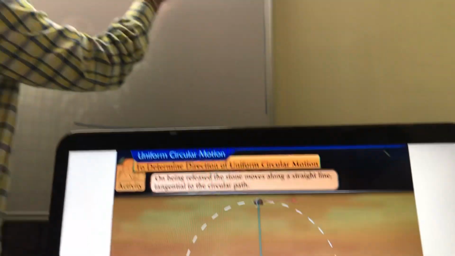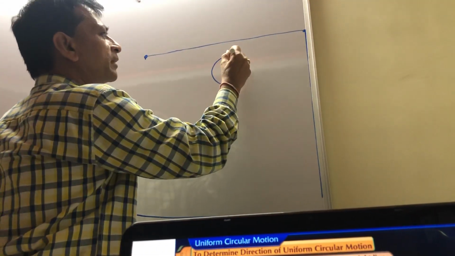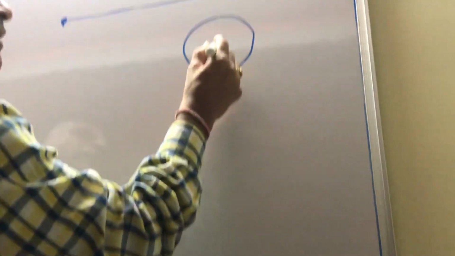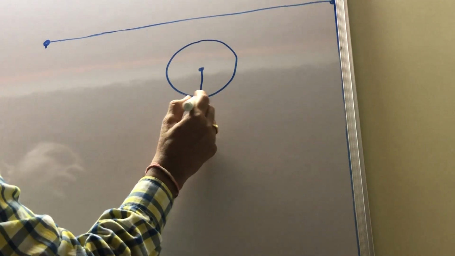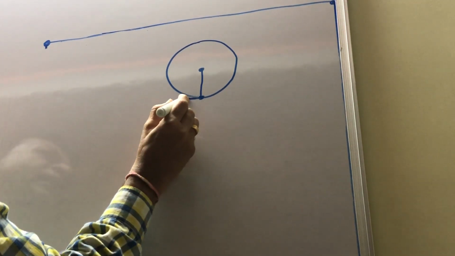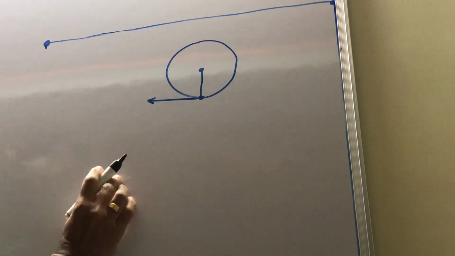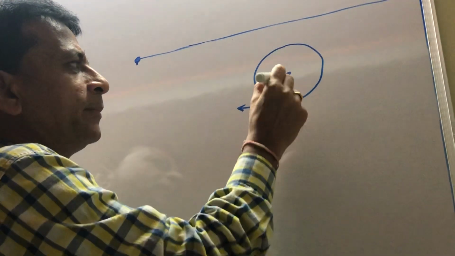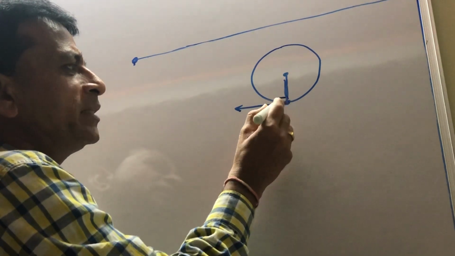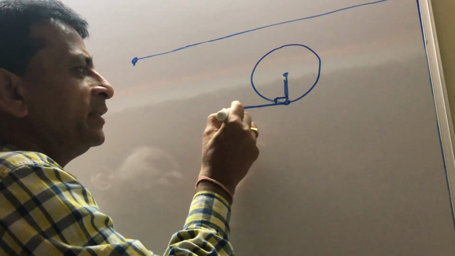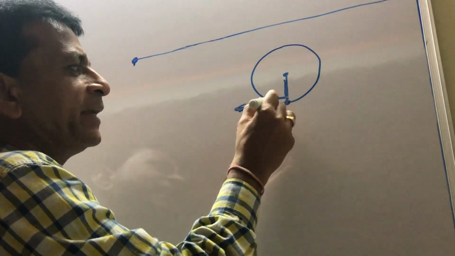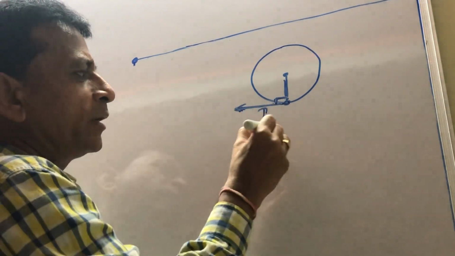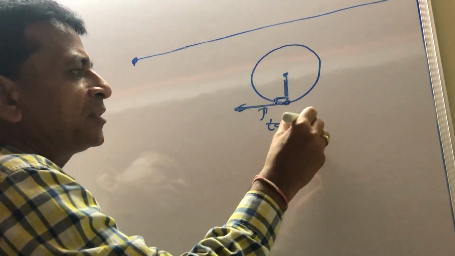Please try to understand. Here one circle is there, and this one is the center. Now the stone always goes in this direction, perpendicular. This is the radius. The stone is here, and it always moves in this direction because it is 90 degrees. So this is known as the tangent of the circle.